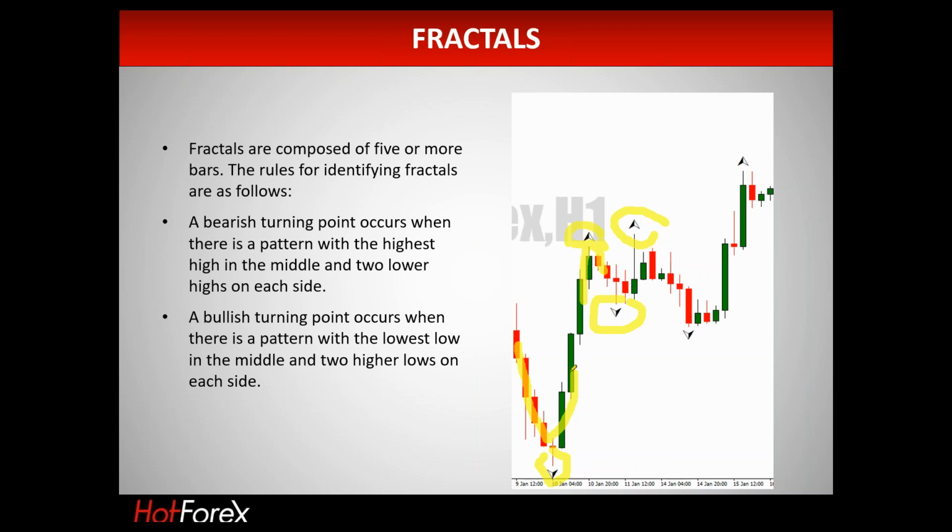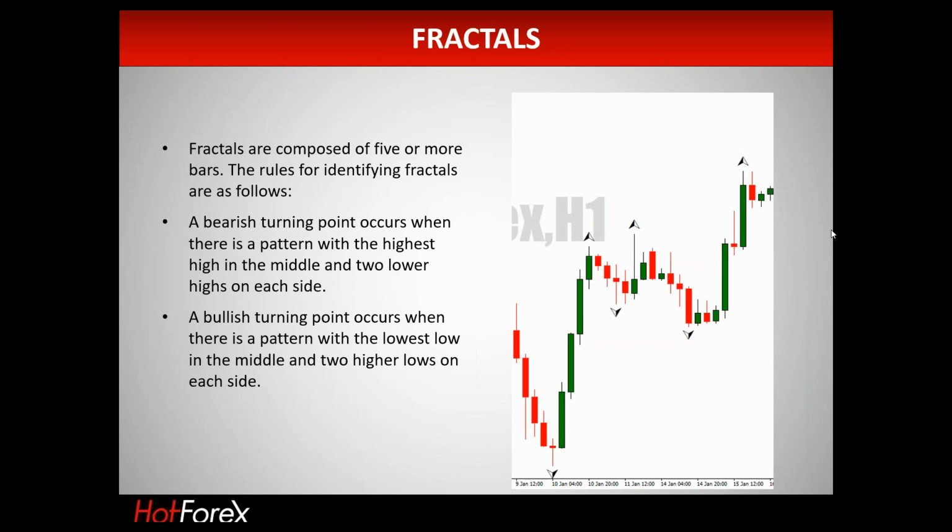This is a bearish turning point and this is a bullish turning point, and they keep coming out again and again. If we connect all the turning points, we can basically see the trend. I will not go into the detail of the fractal now; I will cover it in later topics.